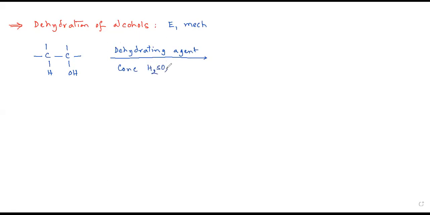You can go for the regular concentrated sulfuric acid. And I think you all know that in the preparation of ethylene, we go for concentrated sulfuric acid at 170. You can also go for concentrated phosphoric acid, alumina, even alumina along with pyridine. This is your pyridine. Okay, different sets.